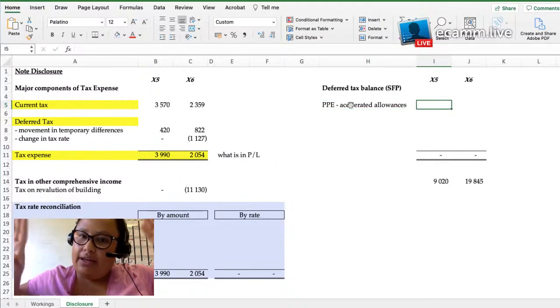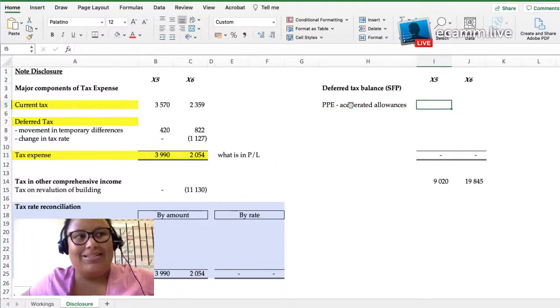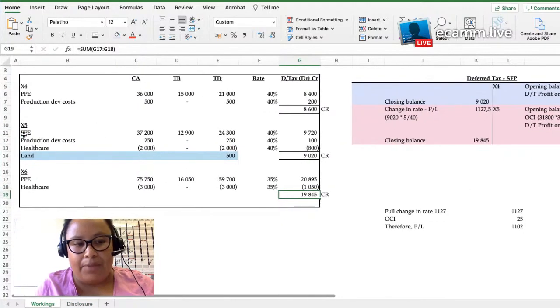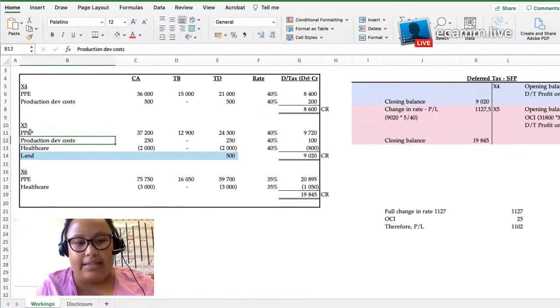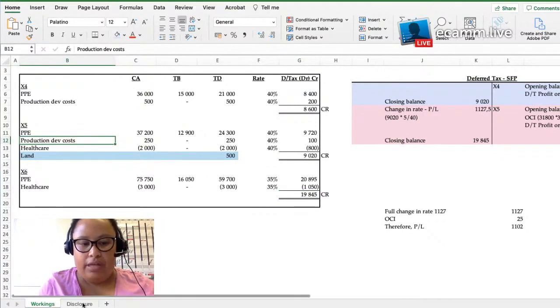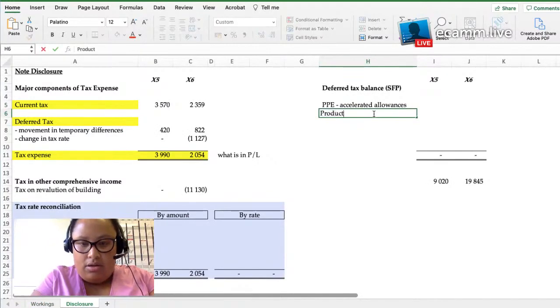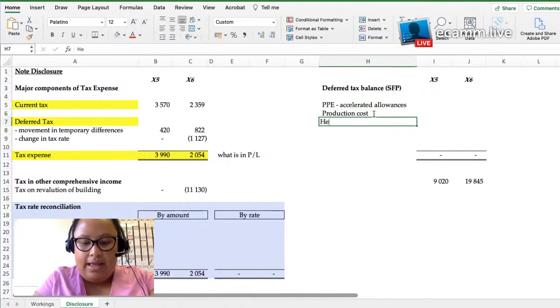So now we're saying, okay, PPE accelerated allowances, that is a temporary difference that gives rise to deferred tax. What else? If we go and look at our calculations here, right? It's the production development costs. So we're just going to list over here production development costs, and then it's the healthcare.